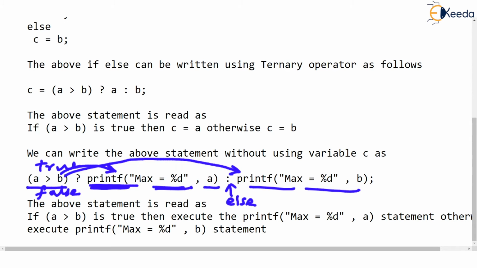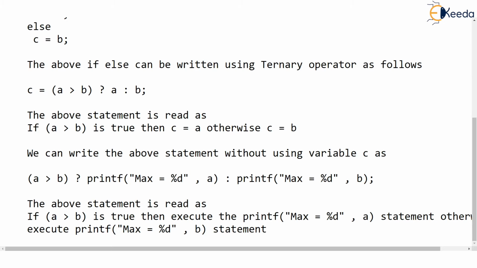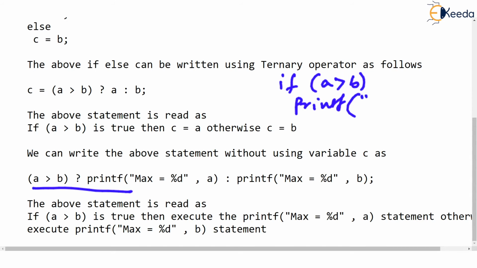So can we write the equivalent if else now? Let's do the opposite of what we did before. What is the equivalent if else statement for this question mark? It will be if A greater than B, if it is true, then printf max equal to %d A, A is largest, semicolon.